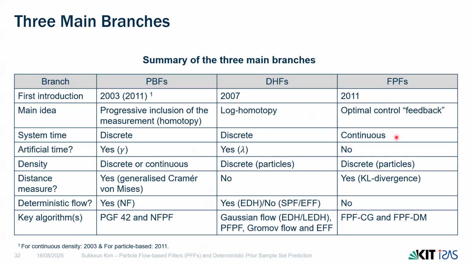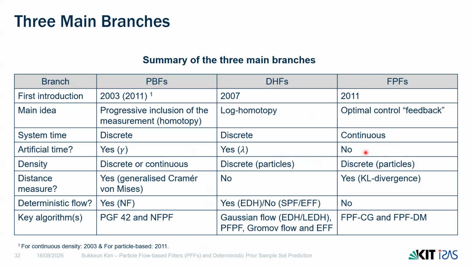Another interesting difference is that the first two use discrete time steps, but the last one defines everything in continuous time. And obviously, the first two use the homotopy, so they use the artificial time. In the original paper of Daum and Huang's filter, they use lambda instead of gamma. And the feedback particle filter doesn't have any artificial time concept, but they discretize their continuous system into smaller dts.